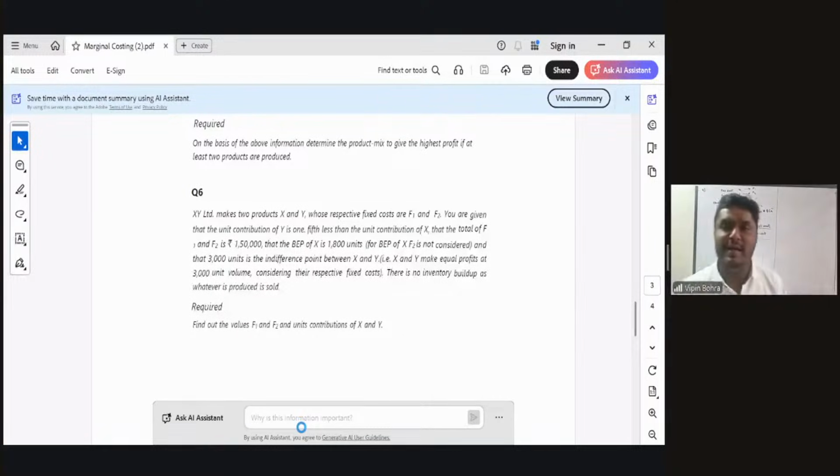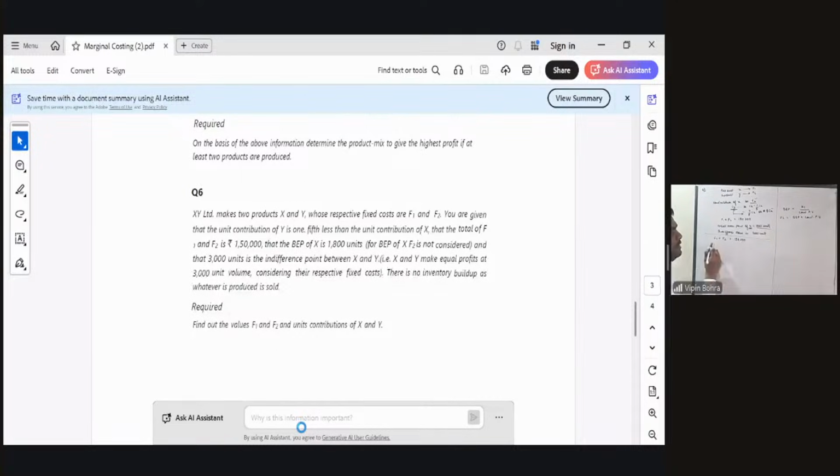How do we calculate break-even point? Fixed cost divided by contribution per unit. So if we want to calculate fixed cost, it is break-even point multiplied by contribution per unit. So here break-even point is given for product X, that is 1,800 units.